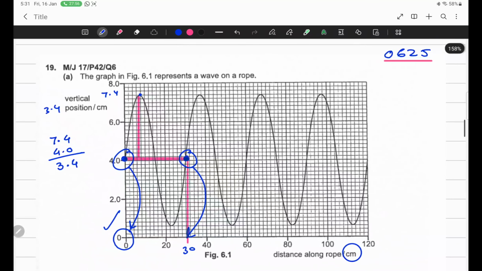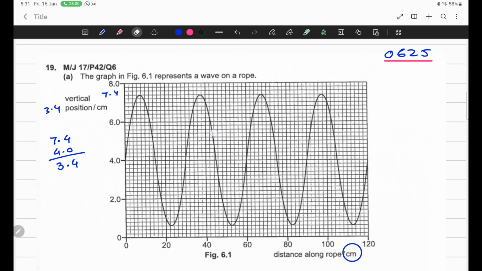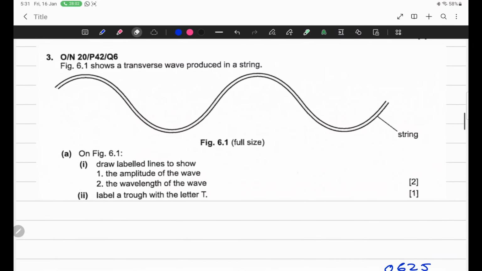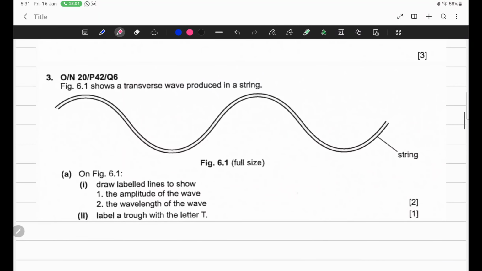So very simple concepts, but my students could not grasp it. I am repeating. Consider this is a transverse wave. In this transverse wave, this is the amplitude. And what is one wavelength?